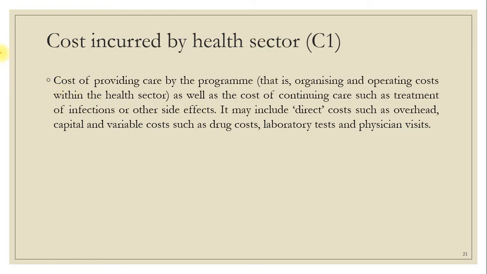The first one is cost incurred by the health sector. Please remember this, it is represented by C1. In the next few slides we have certain equations where we need these particular symbols. It is the cost of providing care by the program, that is organizing and operating cost within the health sector, as well as cost of continuing care such as treatment of infection or side effects.